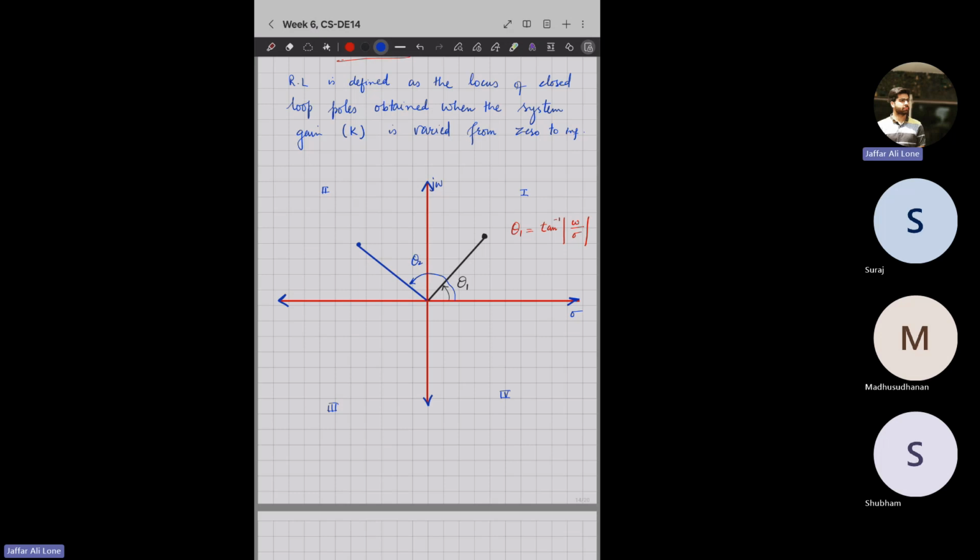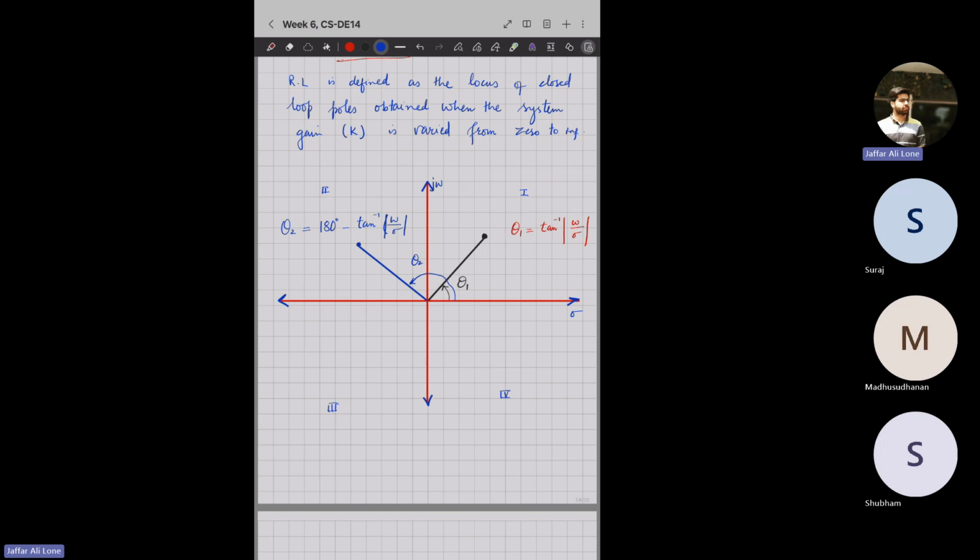So if you have a point in the second quadrant, you can directly write that the angle is 180 degrees minus tan inverse of omega by sigma, with no need to work out which formula to apply.